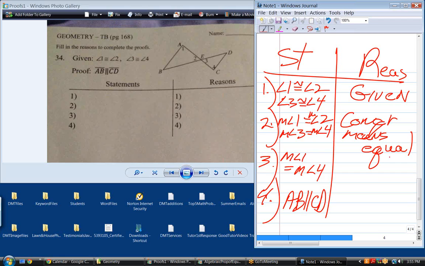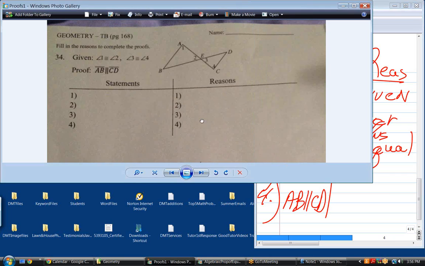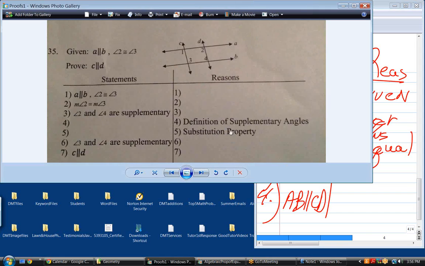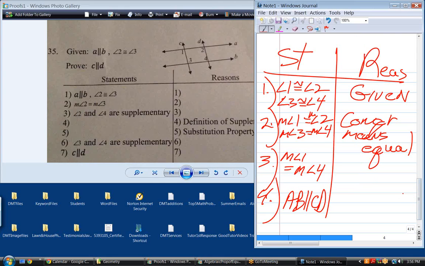Why is that? For the same reason as on the previous problem, where the substitution property was the reason that 3 was supplementary to 4. We proved that 2 is supplementary to 4, and 2 is equal to 3, so 3 must be supplementary to 4 because of the substitution property.